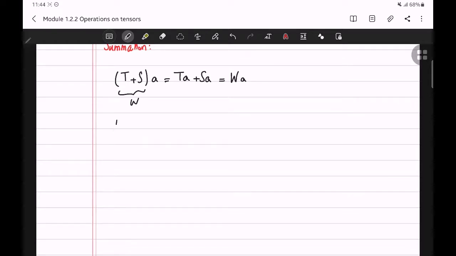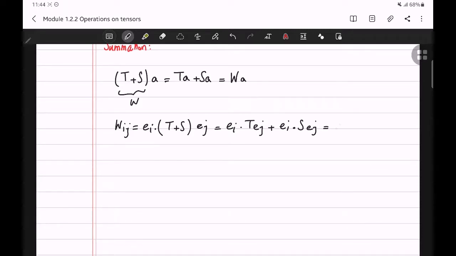So in indicial notation, I can write Wij is equal to ei dot (T plus S) ej. So I can write this as ei dot Tej plus ei dot Sej.